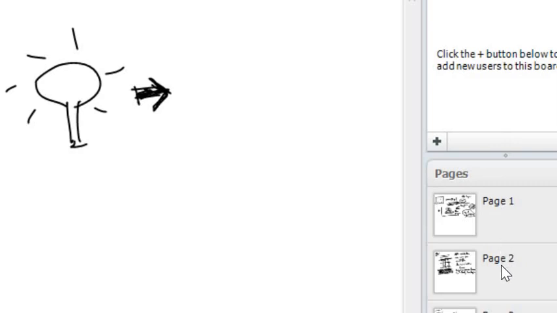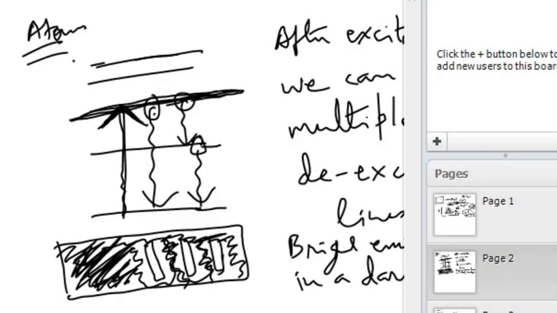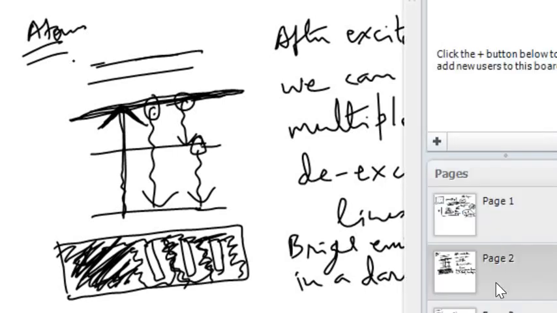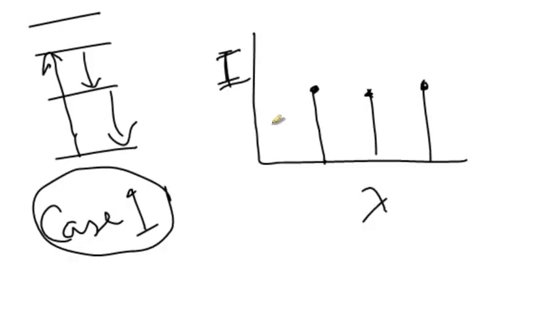What can happen? Right now, what did we discuss? We discussed the fact that after excitation, it is possible to observe multiple de-excitation lines.